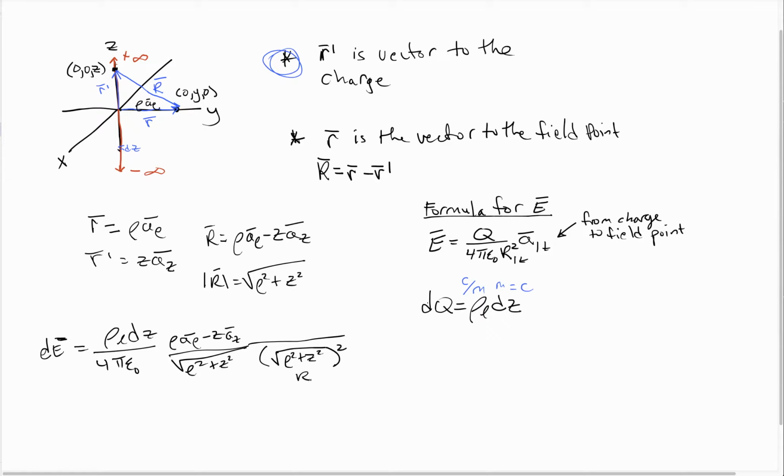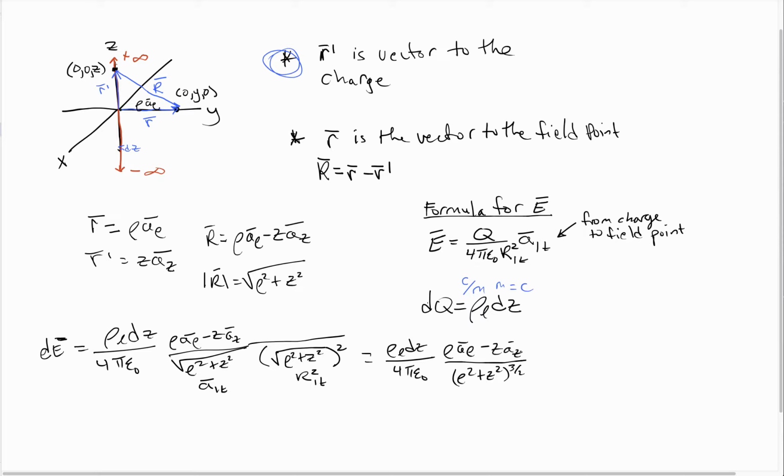So this is R squared, and this term is the unit vector. And so we could say that this is rho L dz over 4 pi epsilon 0, and then rho a rho minus z a z divided by rho squared plus z squared to the 3 halves.